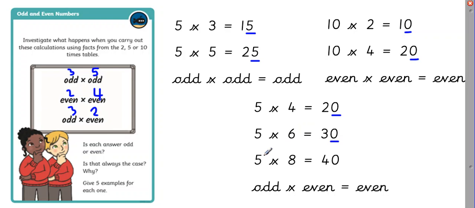And then 5, my odd number, multiplied by 8, my even number, equals 40. Okay, so that again is even because it ends in a 0. So that must mean that an odd number multiplied by an even number equals an even number. Okay, so in your multiplications, you've got more chance of getting an even number than you have of getting an odd number.